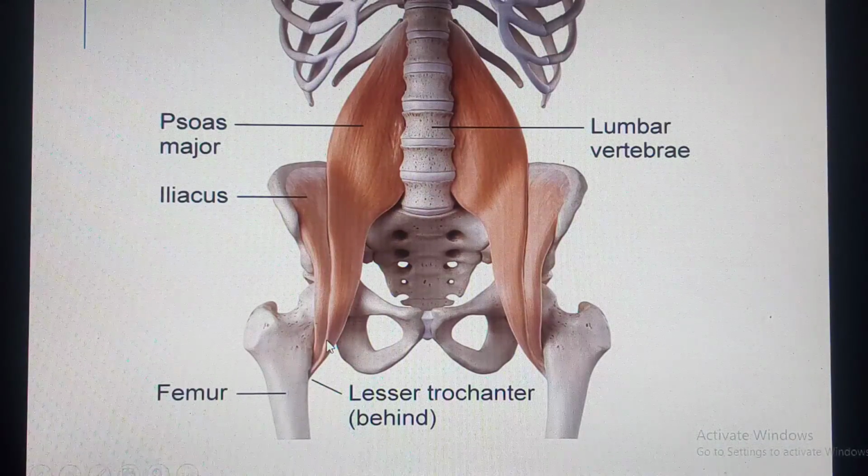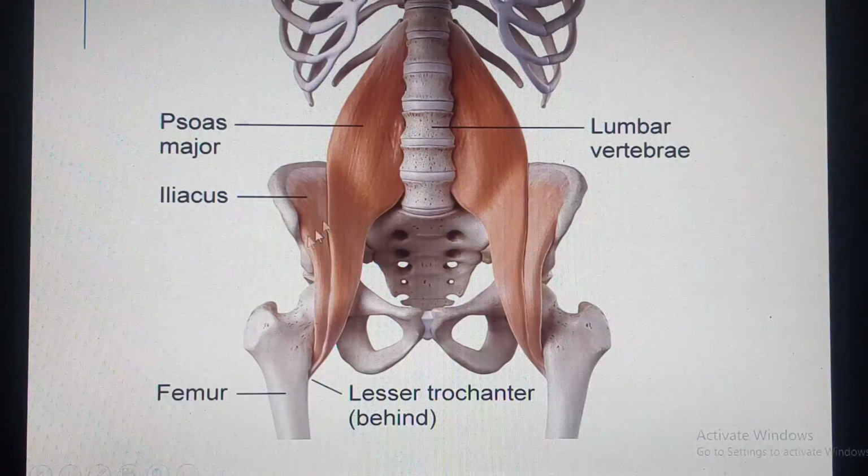By way of understanding its origin, the psoas major part of the iliopsoas muscle will originate from the bodies of T12 all the way to L5, not only the bodies, even the transverse processes together with the adjoining intervertebral disc. And then of course iliacus will originate from the iliac fossa, and then they will join to form a common tendon, which goes posteriorly to insert on the lesser trochanter of the femur.